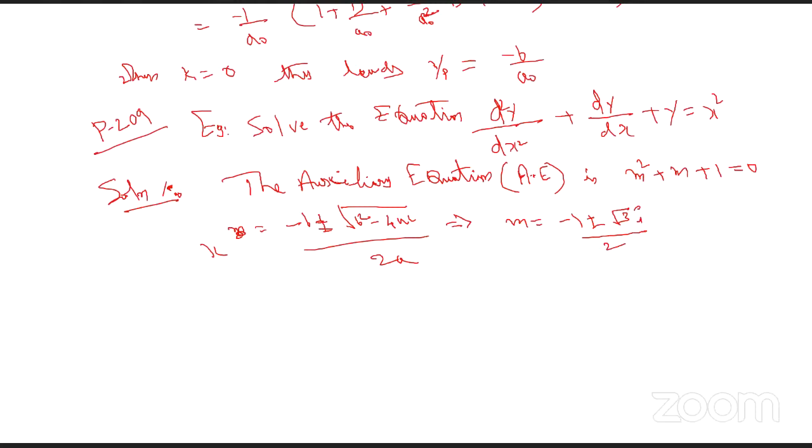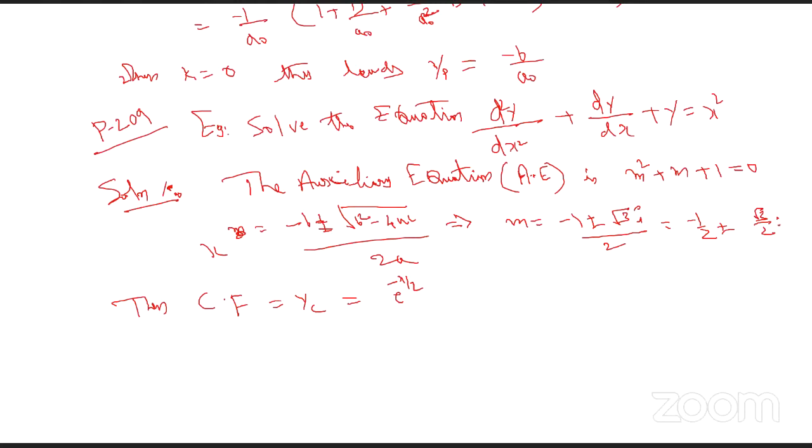So we need to write the complementary function first. CF is nothing but the complementary function, y_c, that equals e power minus x by 2. Where did x by 2 come from? Here, minus 1 by 2 plus or minus root 3 by 2 i.